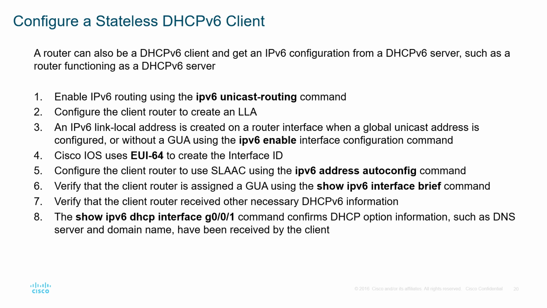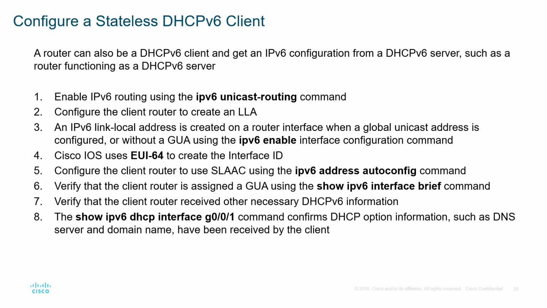Cisco IOS uses EUI-64 to create the remaining interface ID. Configure the client router to use SLAAC using the ipv6 address autoconfig command.